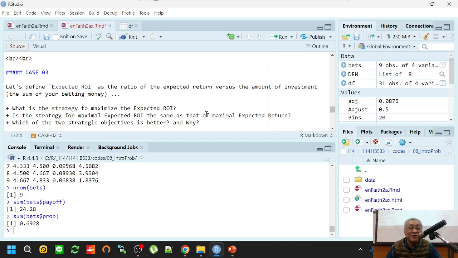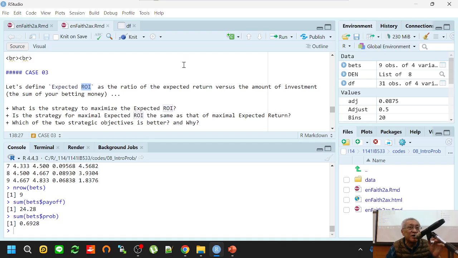Now, the next thing we want to see is that sometimes in business we will consider the ROI, which means the ratio of expected return versus the amount of investment.